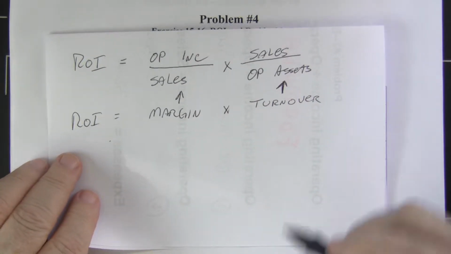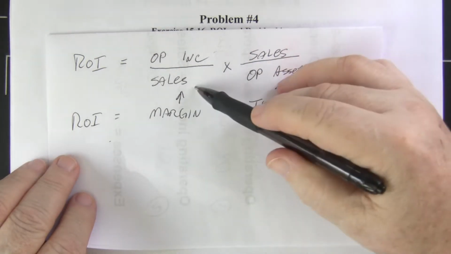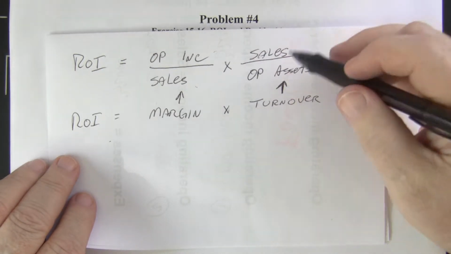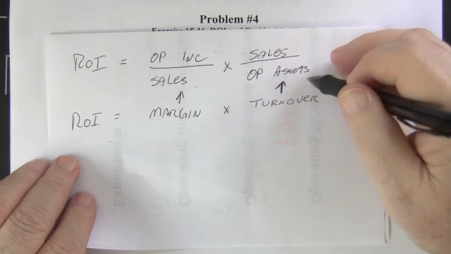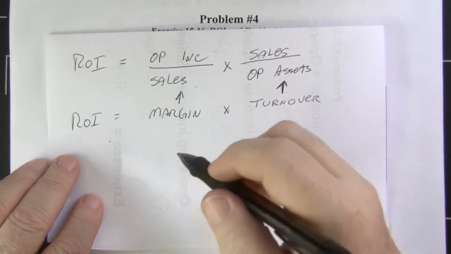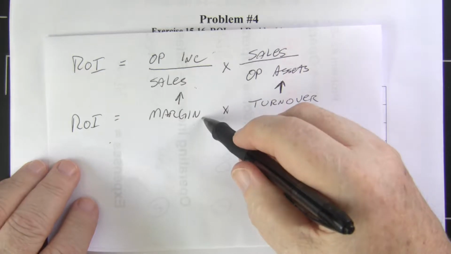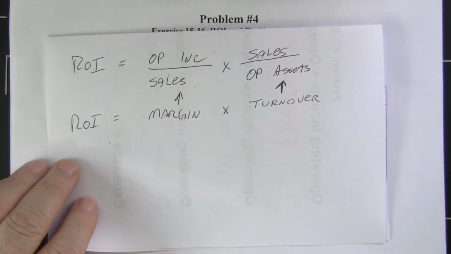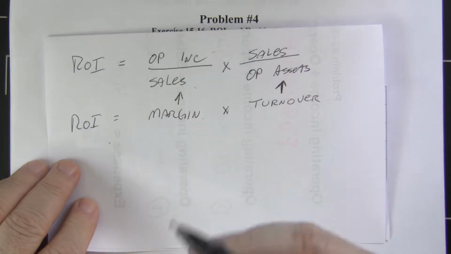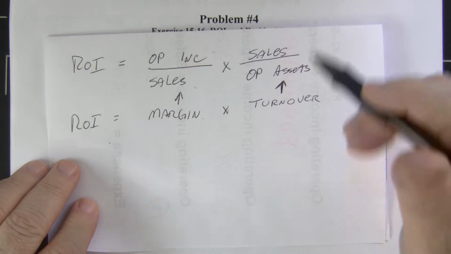So I need to remind you, and you can get this right out of your textbook: return on investment is operating income divided by sales times sales divided by operating assets. Operating income divided by sales is called margin: profit margin, operating margin, sales margin. Anything you see the word margin, it's income divided by sales.